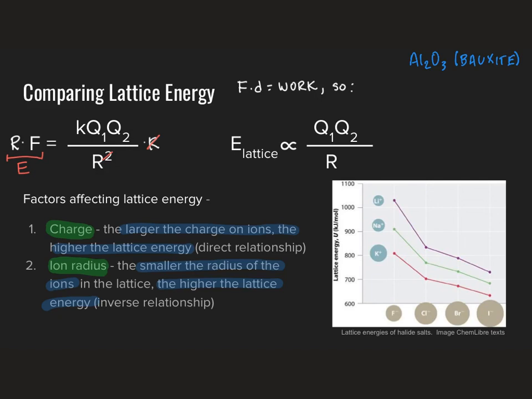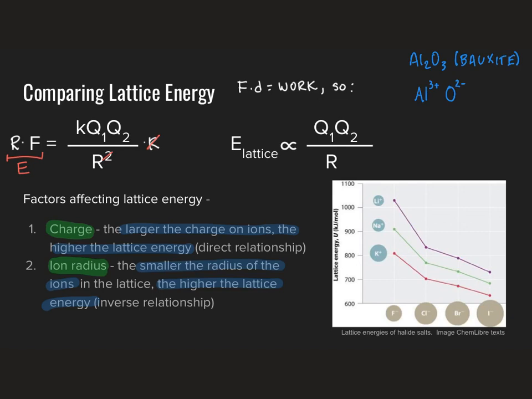And we can justify why that might be the case by looking at the lattice energy of aluminum oxide. If I want to separate out aluminum metal from aluminum oxide ore, I have to overcome the attractive forces between aluminum ions with a +3 charge, that is a large positive charge, and oxide ions with a -2 charge, that is, again, a large negative charge. So the magnitudes of both of the charges are very large, which means I would expect lattice energy to be great.